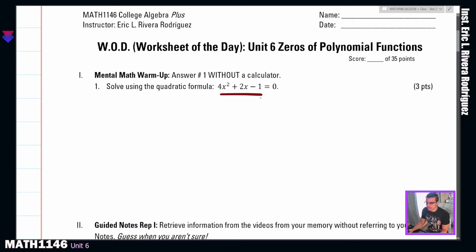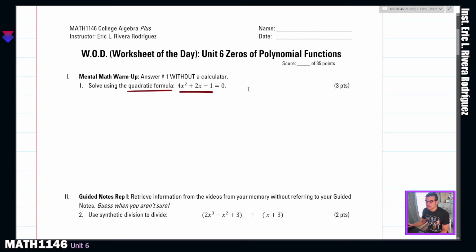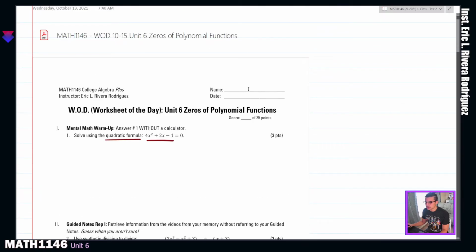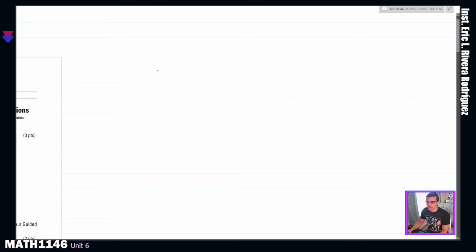You have this quadratic equation, and it is indicating to use the quadratic formula to solve this quadratic equation. So let me go and put here the quadratic equation.